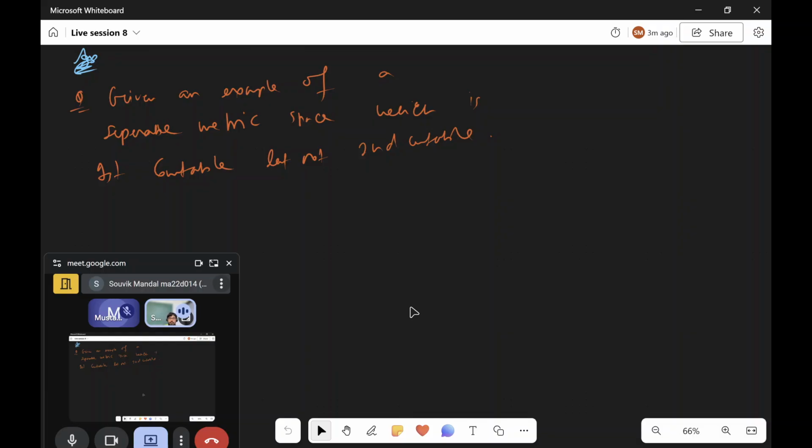Please try to figure out an example of a separable metric space which is first countable but not second countable.